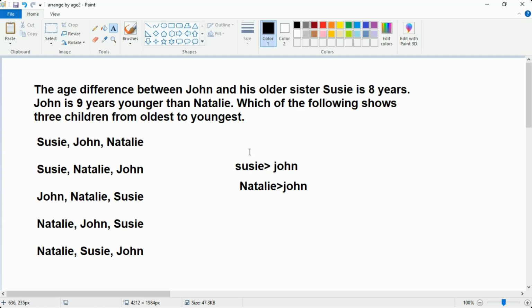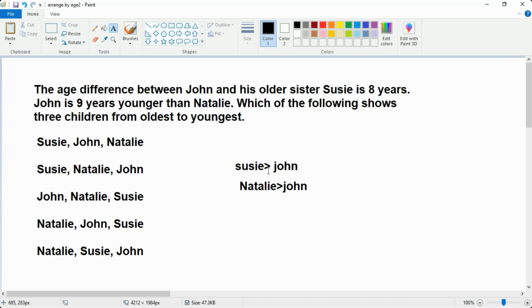So we know that Susie is 8 years older than John, and Natalie is 9 years older than John. So between Susie and Natalie, Natalie is older because Natalie is 9 years older, Susie is 8 years older. So whoever is the oldest has the maximum difference, the bigger the number with the youngest person is the gap between the oldest, and it will be much clearer when I explain using the diagram method.